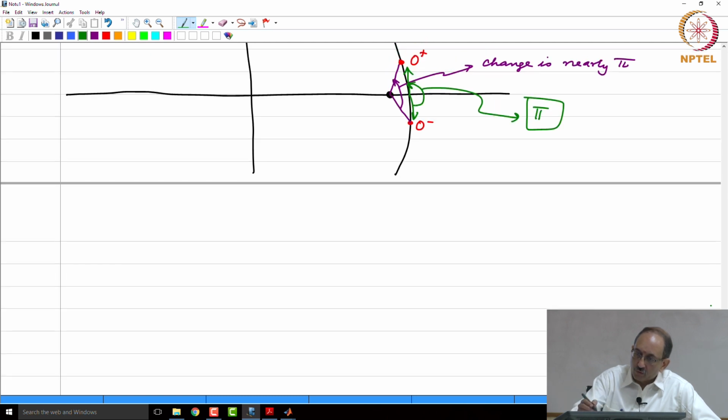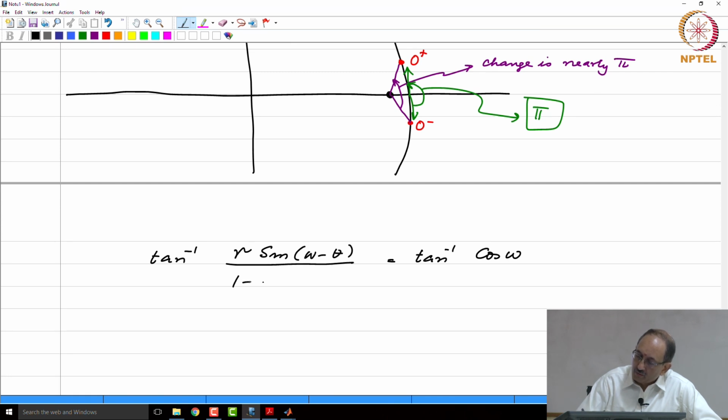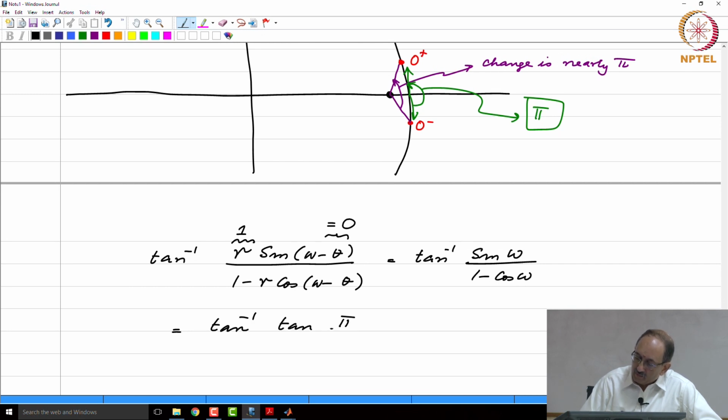Now, algebraically what's happening is this: the phase response after all is tan inverse of R sin(omega minus theta) by 1 minus R cos(omega minus theta). Theta is 0, R is 1. Therefore, this is really sin omega by 1 minus cos omega, and then this turns out to be tan inverse of tan of pi by 2 minus omega by 2.